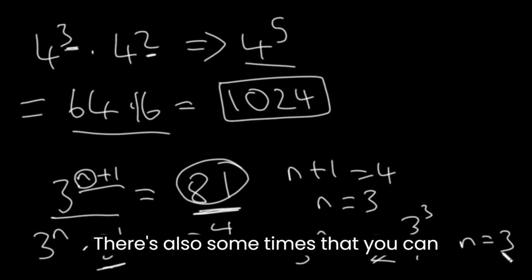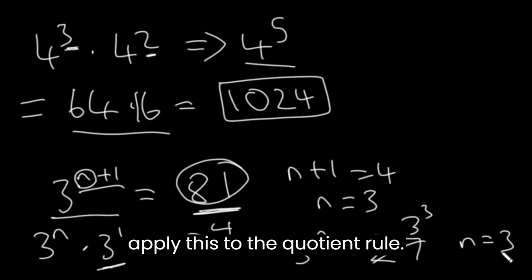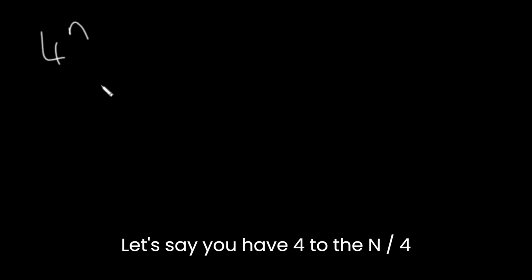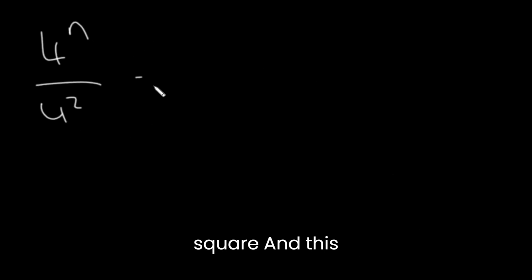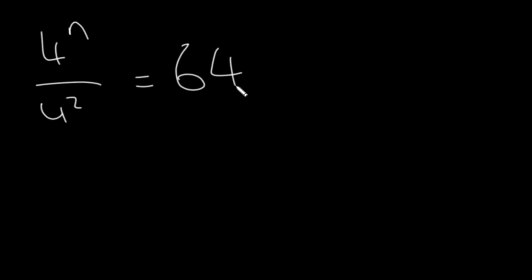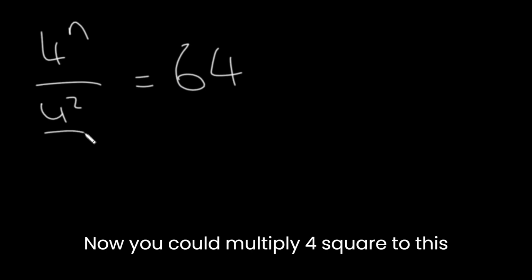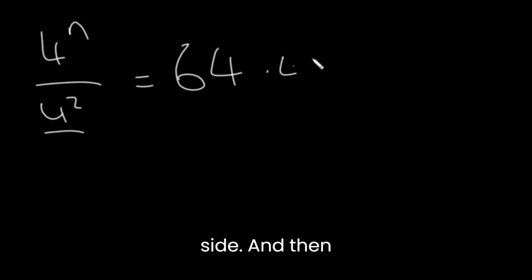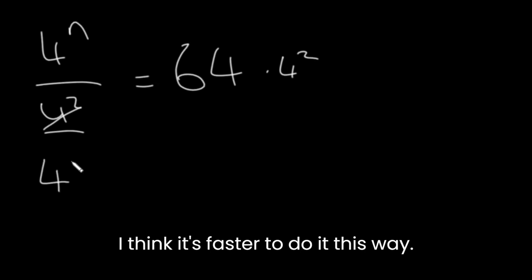There's also some times that you can apply this to the quotient rule. Let's say you have 4 to the n divided by 4 squared, and this is equal to 64. Now you could multiply 4 squared to this side and then calculate it out, but I think it's faster to do it this way.